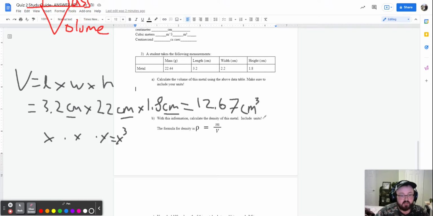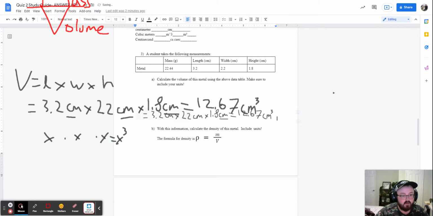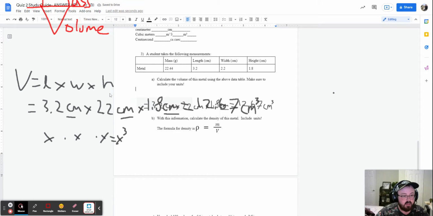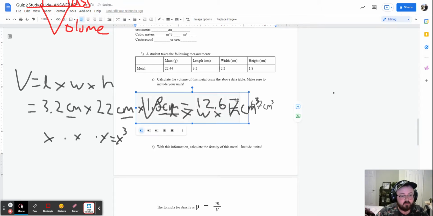All right, so I'm going to see if I can copy and paste this into here. Let's see if this works. Awesome, we got it in. Okay. Basically, I'm taking a screen cap of this and then just copy and pasting it in.